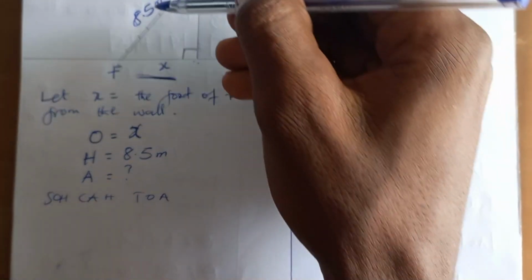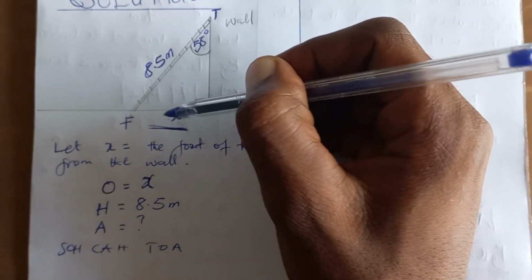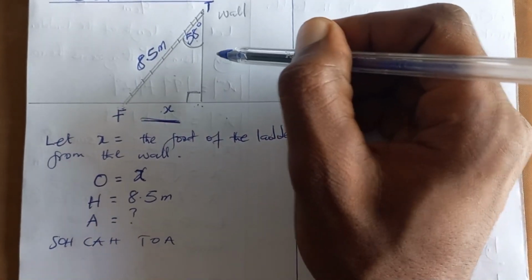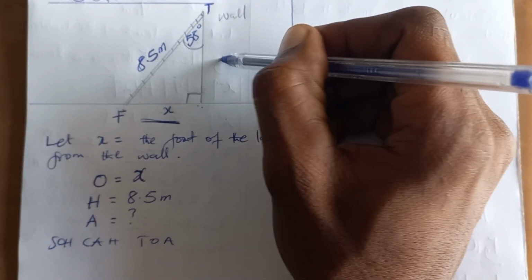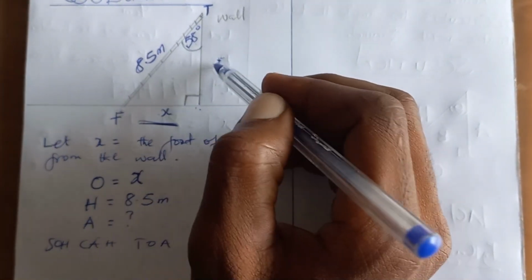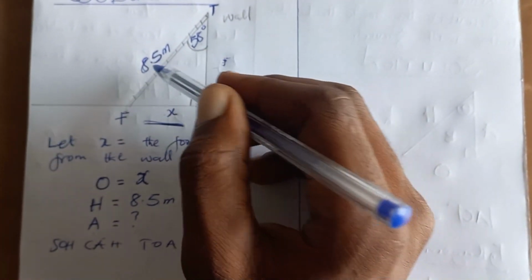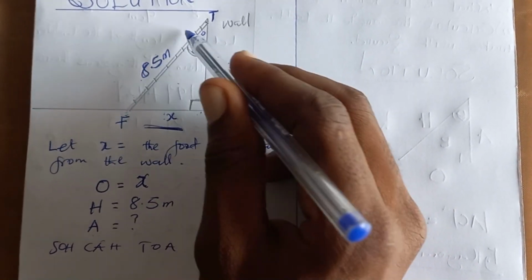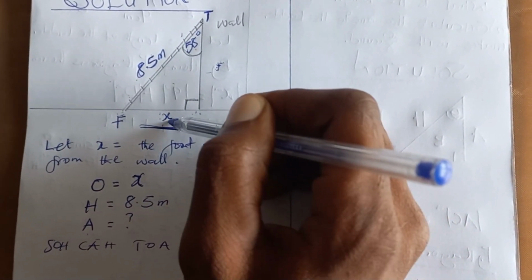So we can use the relation this and this, or this and this. But don't forget, this side, which is the adjacent, was not given. So let's think about using these two sides, the hypotenuse and the opposite.